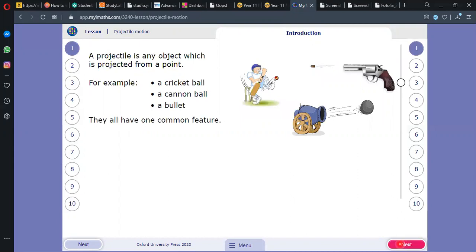Now, they all have one common feature. The only force acting during flight is the force due to gravity, which is the weight of the object being projected.